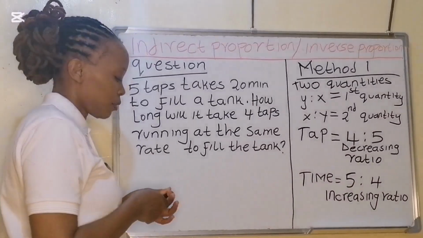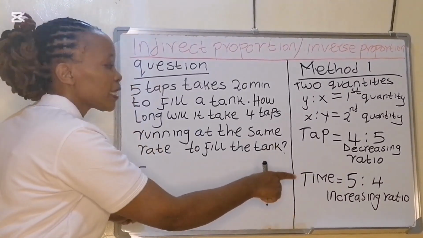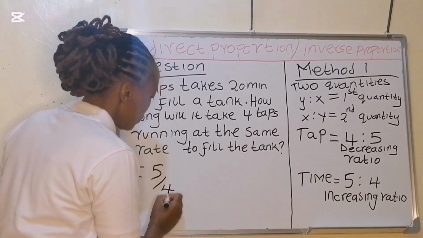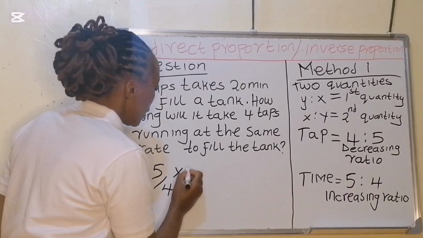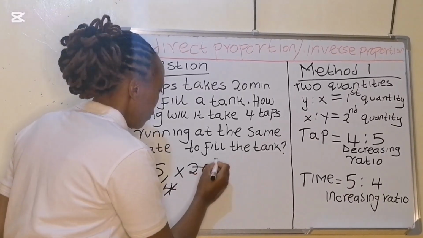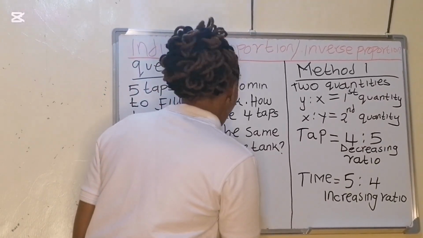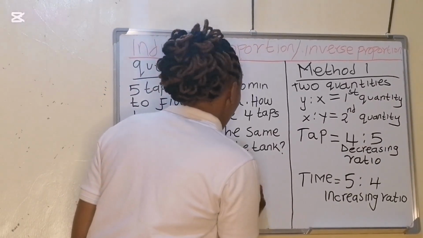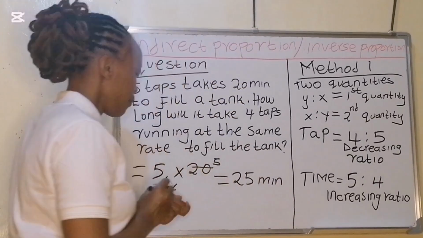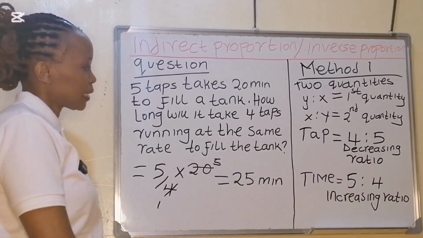Let me do it here. We are going to use the increasing ratio. So it's 5/4 times 20. 4 into 20 is 5, and 5 times 5 is equal to 25 minutes.